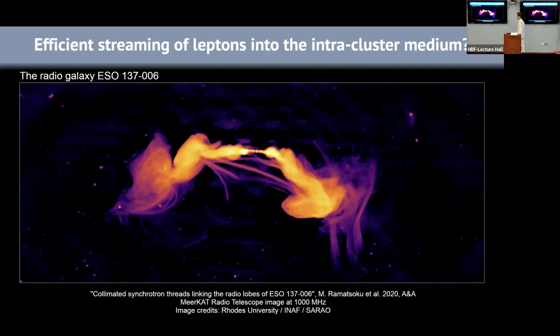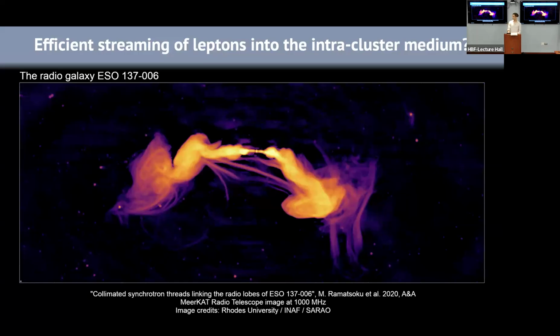But we know from modern observations, like here with MeerKAT, that there actually exist probably magnetic field lines that connect the lobes of the sources to the cluster. And those are kind of highways for electrons and positrons to escape into the IGM.